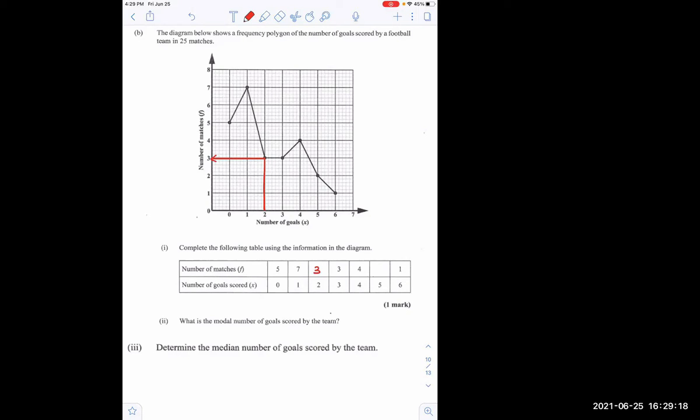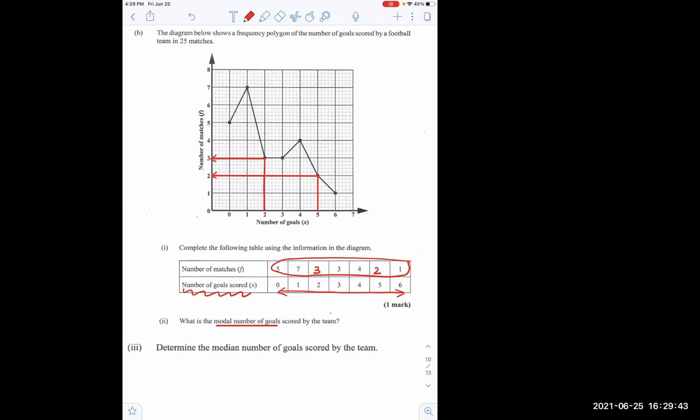And for 5, how many matches do we have here? 2. So the modal number of goals. You can't take any number here because they ask you for the number of goals. So you have to pick a value from here.